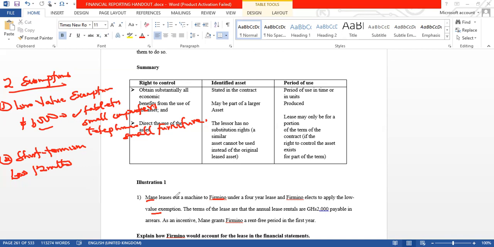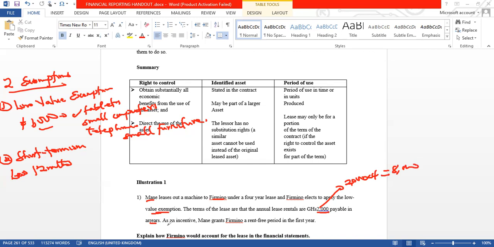Now let's come back to our question. It says that Money leases out a machine to Firmino for 4 years, and Firmino elects to treat it as a low value exemption. So it means that we will not go through the lease stuff. The annual lease payment of 2,000 is payable in arrears, meaning that technically we will be paying 2,000 multiplied by the 4 years to give us something like 8,000.